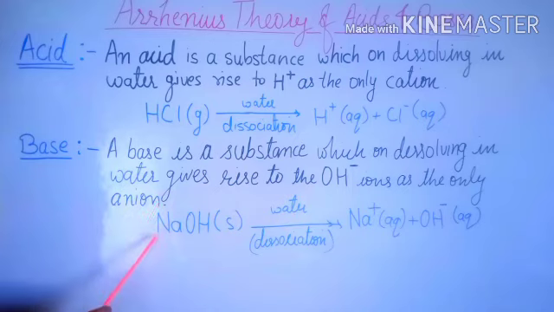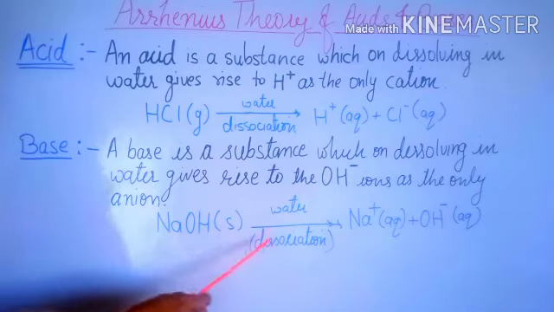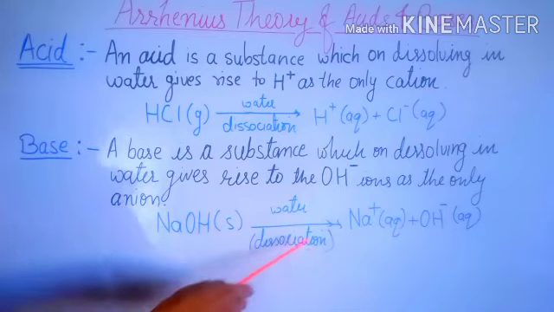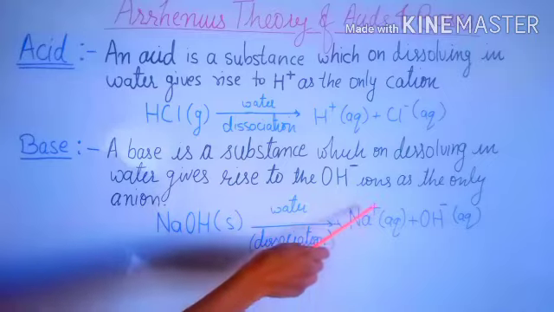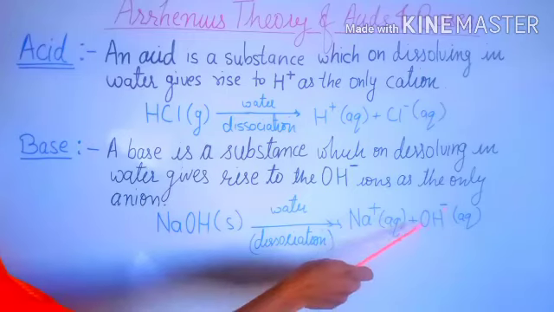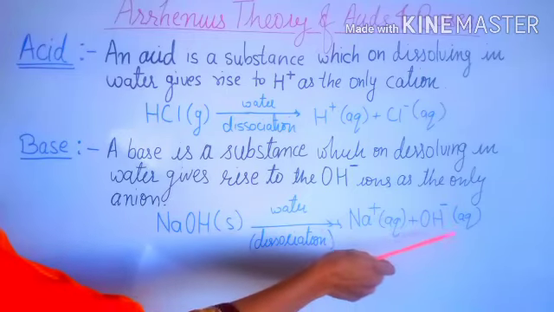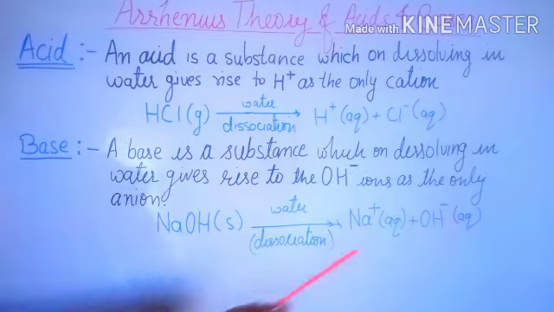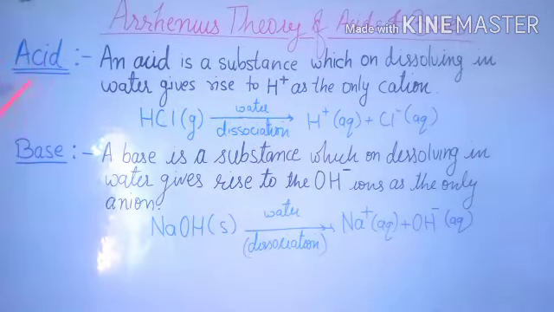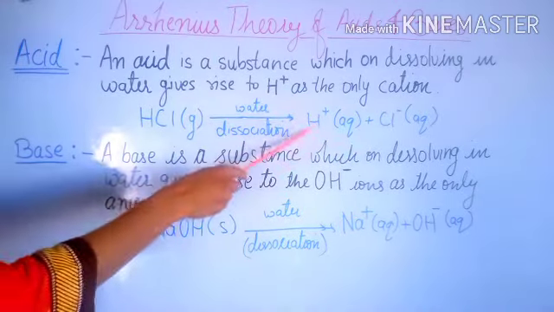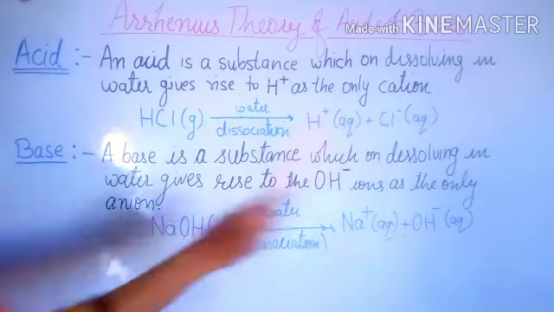For example, if NaOH, sodium hydroxide, is dissolved in water, dissociation takes place and sodium positive ions and OH minus ions are formed. In this way, we can define acid and base on the basis of the H ion and OH ion concentration.